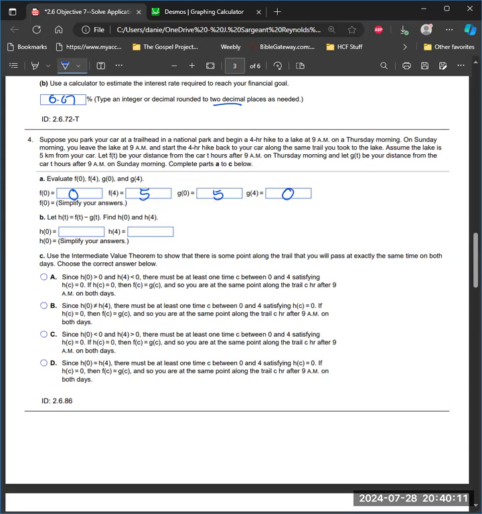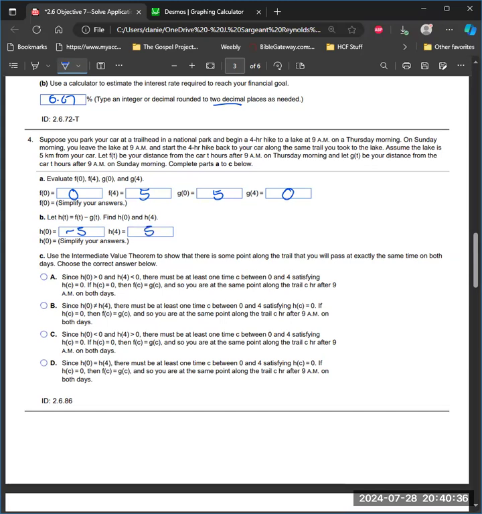H of t equals f of t minus g of t. Find h of 0 and h of 4. So at 0, we have 0 minus 5 is -5. And at 4, we have 5 minus 0 is 5.